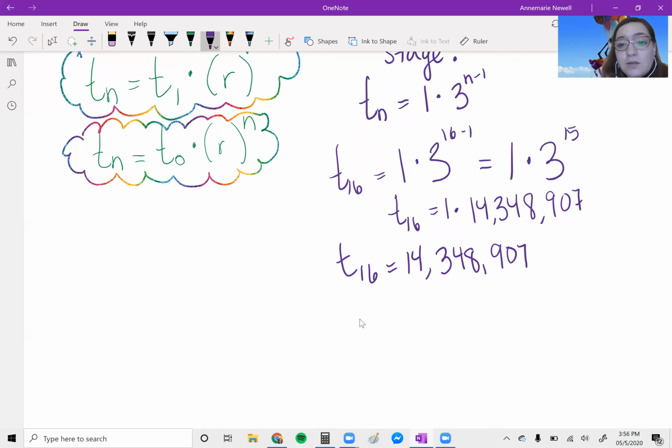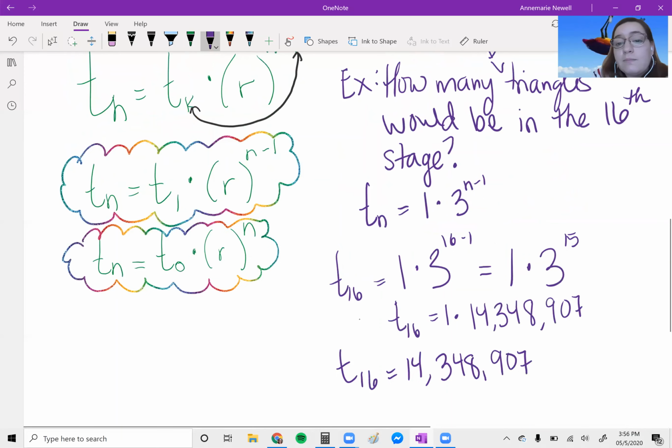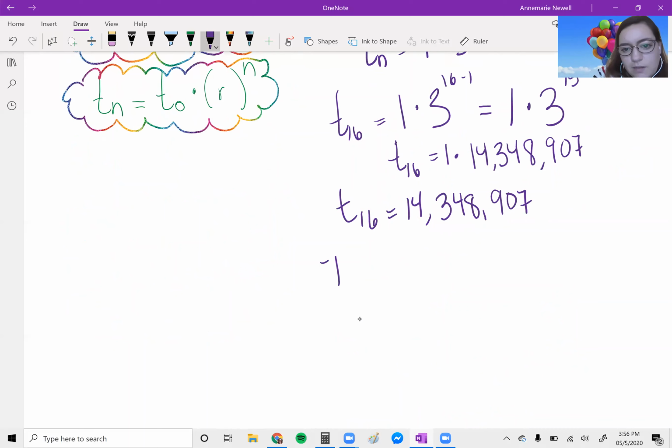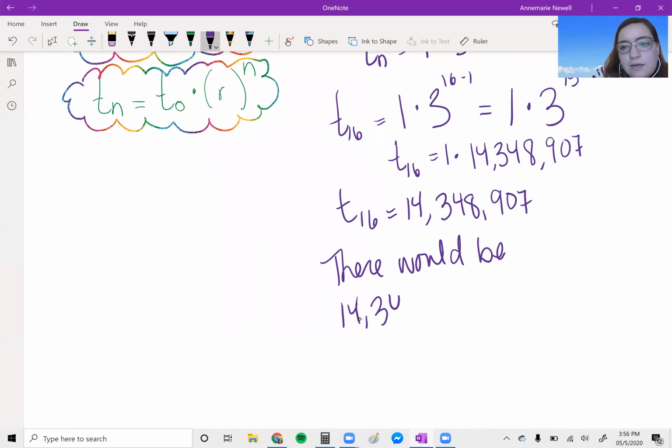So this is just 14,348,907 triangles. Oh wait, there was a wordy question. Okay, so how do you write your answer? We would say there would be 14,348,907 black triangles.